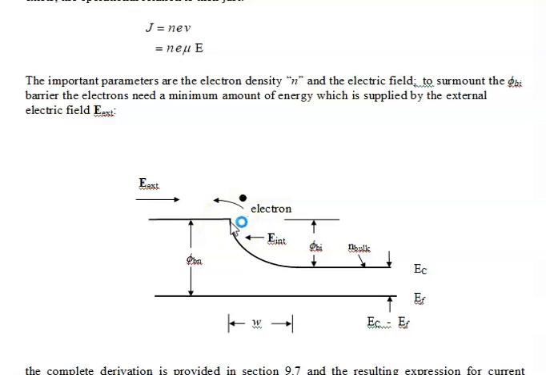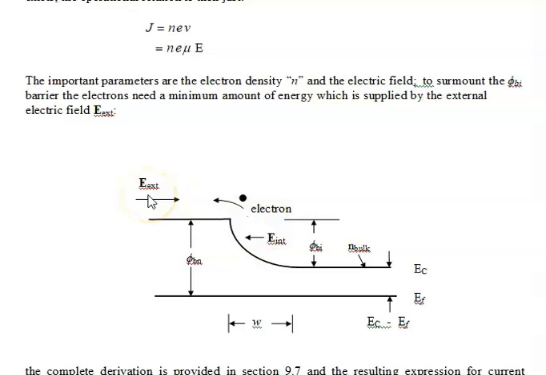The other thing is that the internal electric field forces electrons to go from left to right, which is a negative current because it's in opposition to the internal electric field, which is in the direction that a hole would move. Electron would move in the opposite direction.